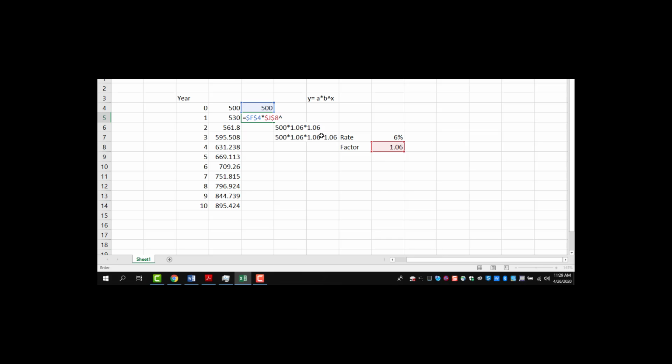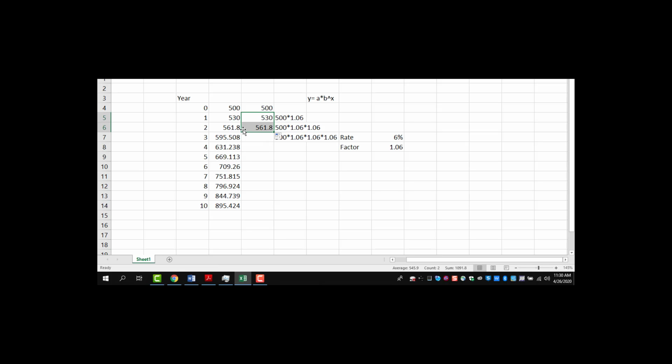I'm going to raise it to the first power. So that just means 1.06 multiplied once. Oh, well, I don't want to use 1. That's what amateurs do. So that's 1.06 multiplied to the first power.